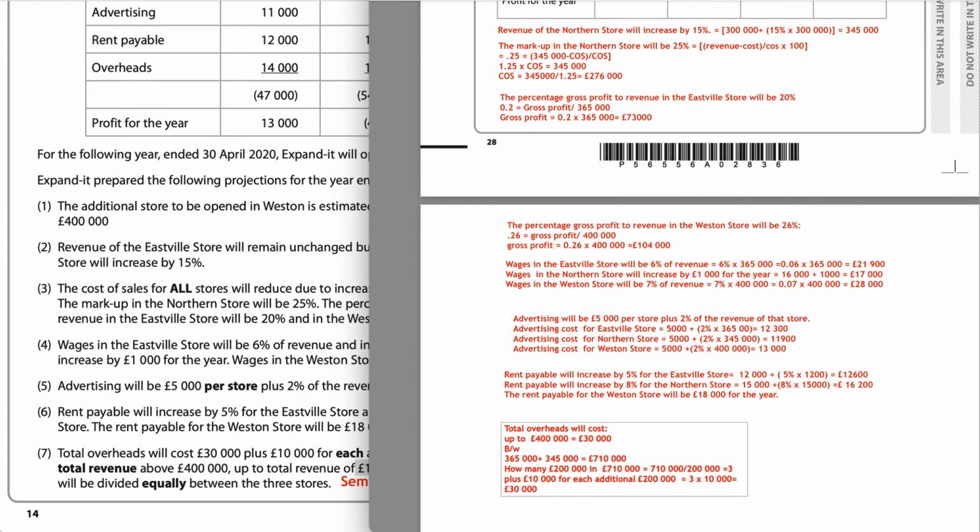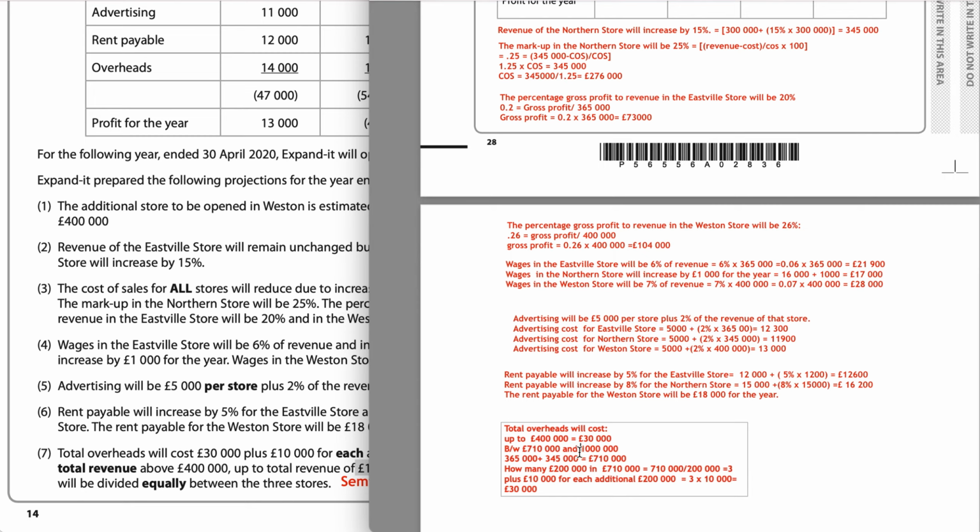Then between 710,000 and 1 million, which he has given as 1 million pounds, what is the range?